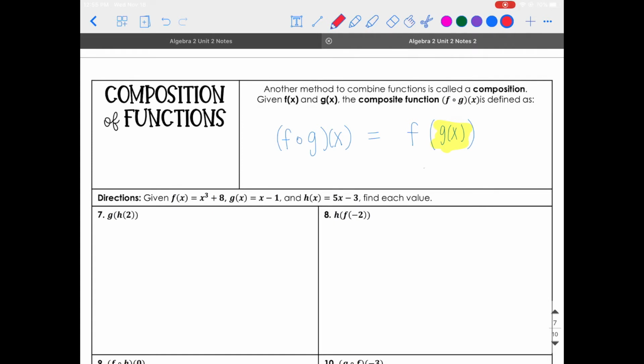And the one that's on the inside, you do first. So you always do the inside, get an answer, and then you use that answer. And so I'll show you in an example.